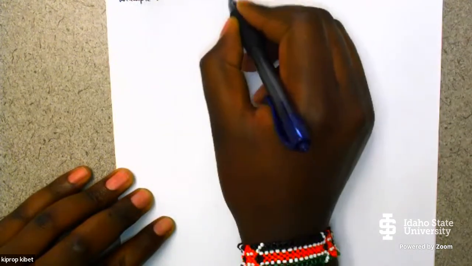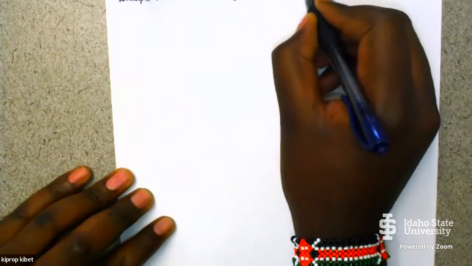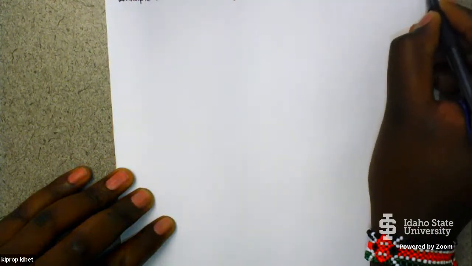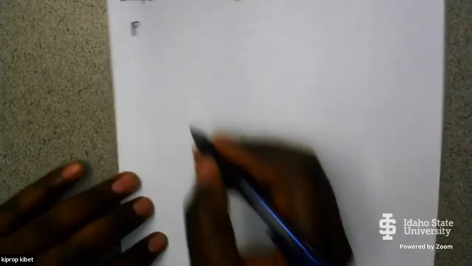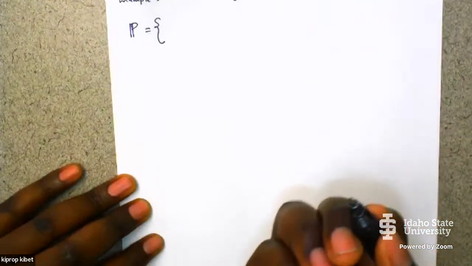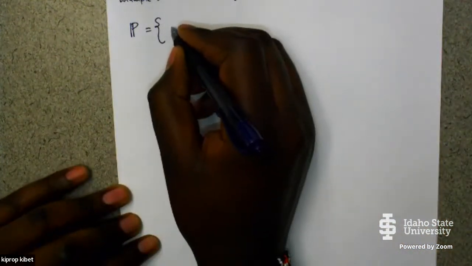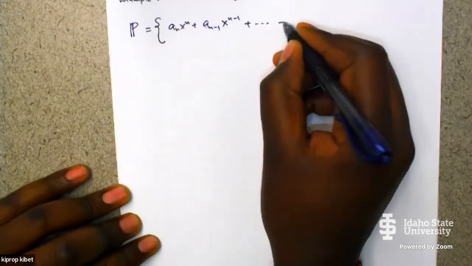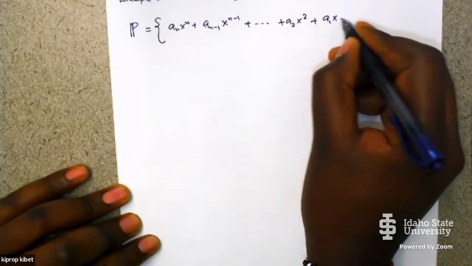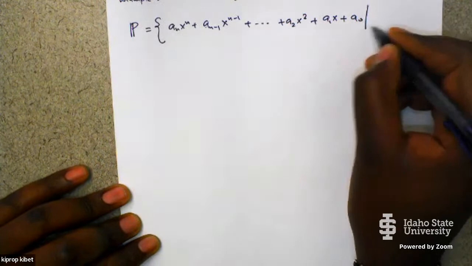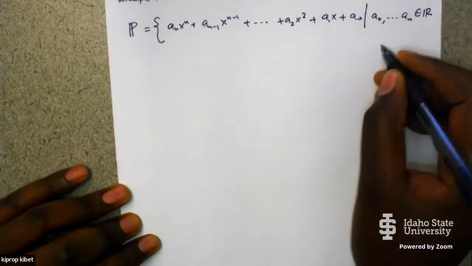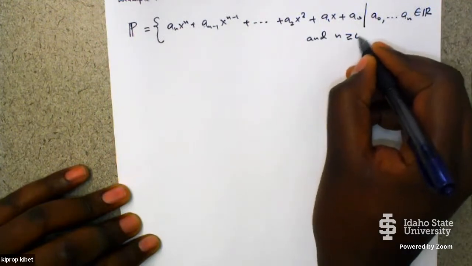The set of all polynomials with real coefficients, which we can write as capital P, is defined as a set of a_n x^n plus a_{n-1} x^{n-1} plus a_2 x squared plus a_1 x plus a_0, where a_0 all the way to a_n are elements of the real numbers and n is an integer greater than or equal to 0.